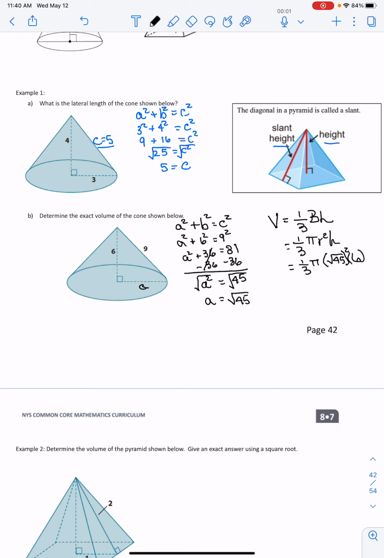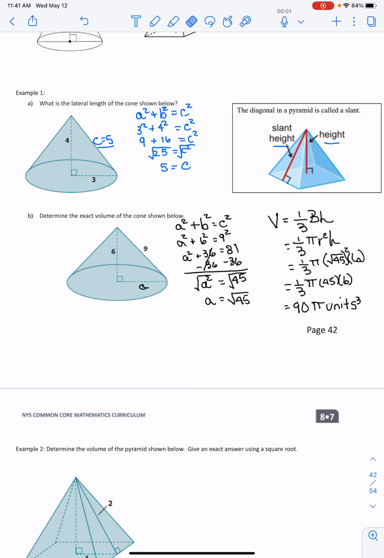So now squaring that square root of 45, I have 1/3 pi times 45 times 6. Well, when I multiply all of that together, I have 90 pi units cubed. Because remember, it wants an exact volume, which means you leave your answer in terms of pi.